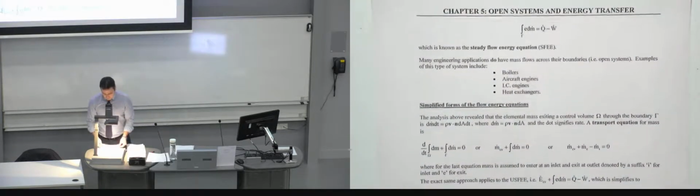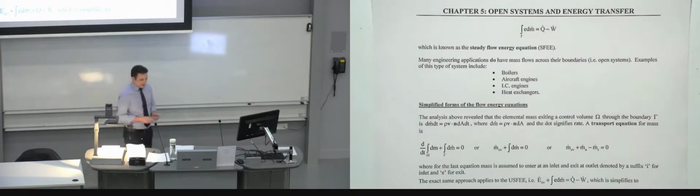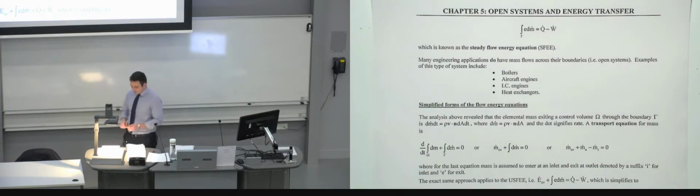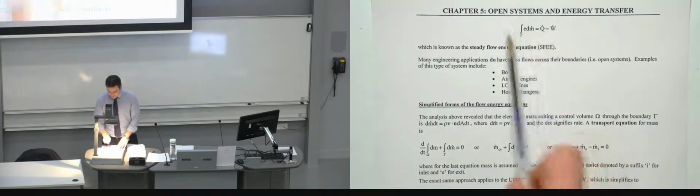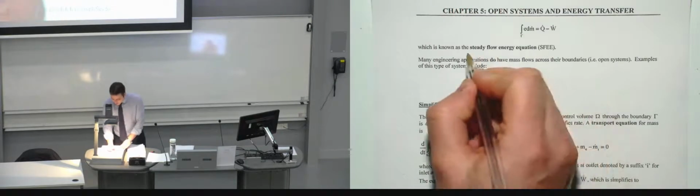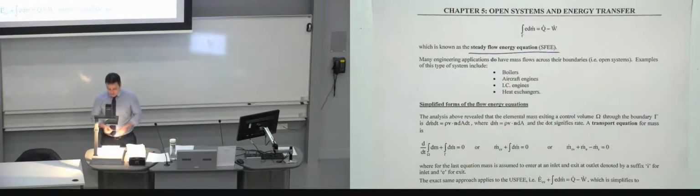Let's now start looking at further analysis on the energy equation. As I mentioned, if the change within the control volume is 0, then your energy equation is simplified to this. And this is what we know as the steady flow energy equation.